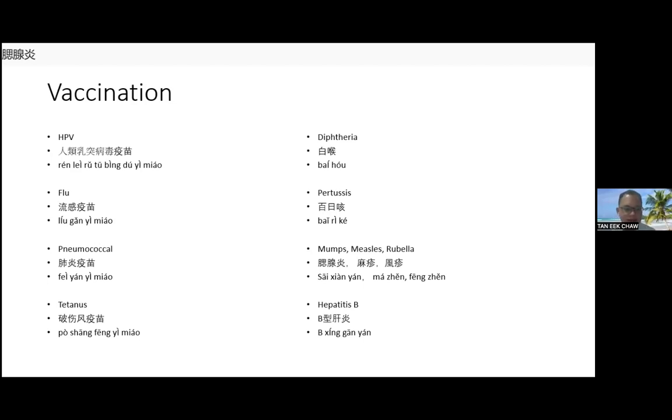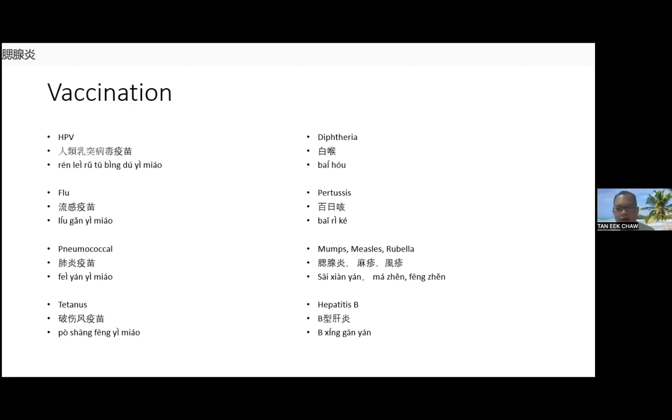In medical terms, it's 人类乳头病毒疫苗. Most of the time I will just explain the purpose: this HPV vaccine is to prevent cervical cancer, right? So 你说疫苗避免子宫颈癌.